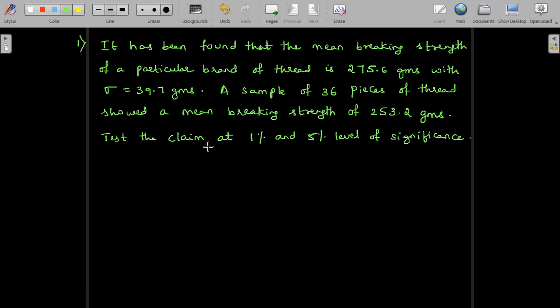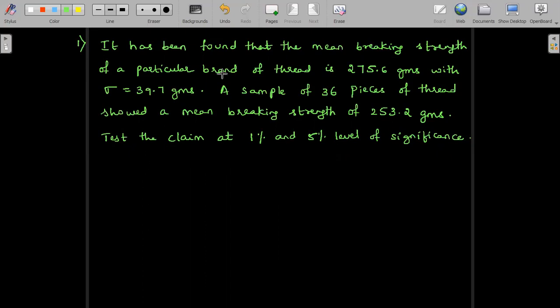We need to test the claim at 1% and 5% level of significance. So the data is something like this. The mean of the sample as well as the mean of the population would have been given for us. We need to check which are those values from the given data.